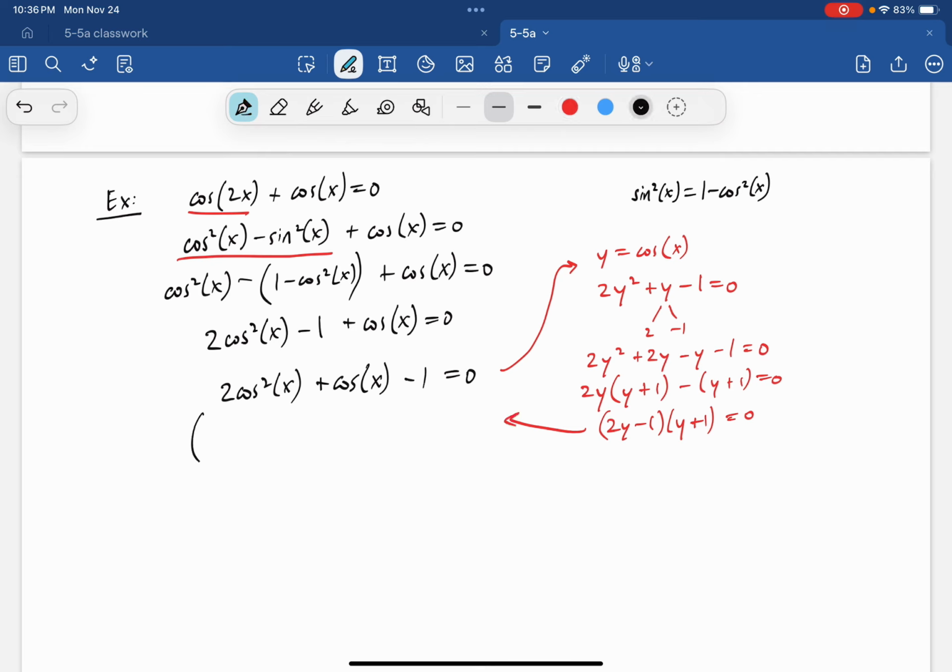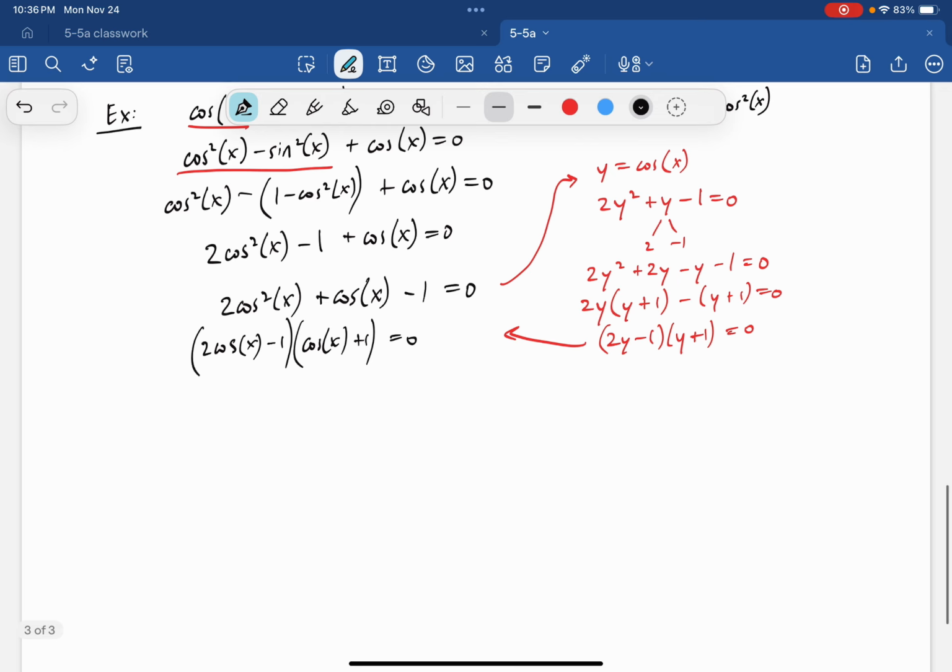That gives me 2 cosine x minus 1 times cosine x plus 1 equals 0. All right.